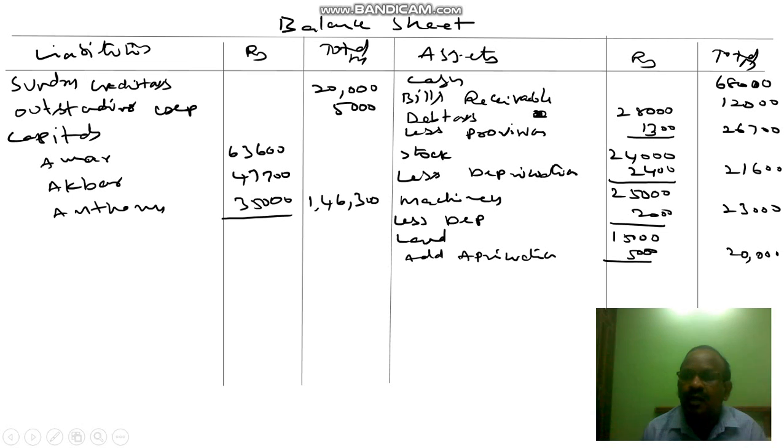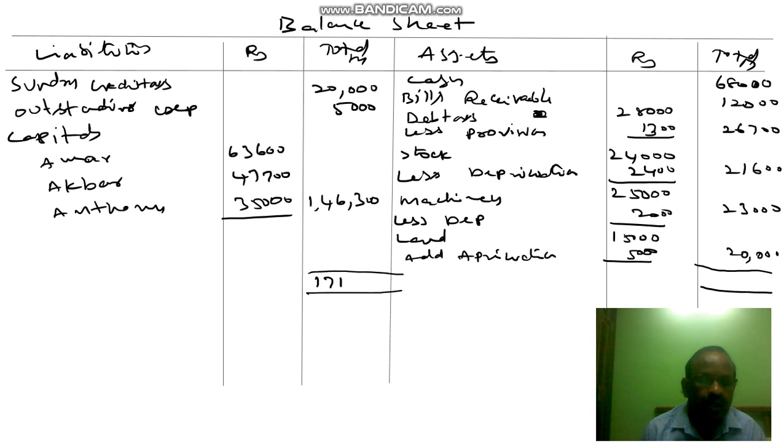The total is 1,71,300. Yes, both sides total 1,71,300.